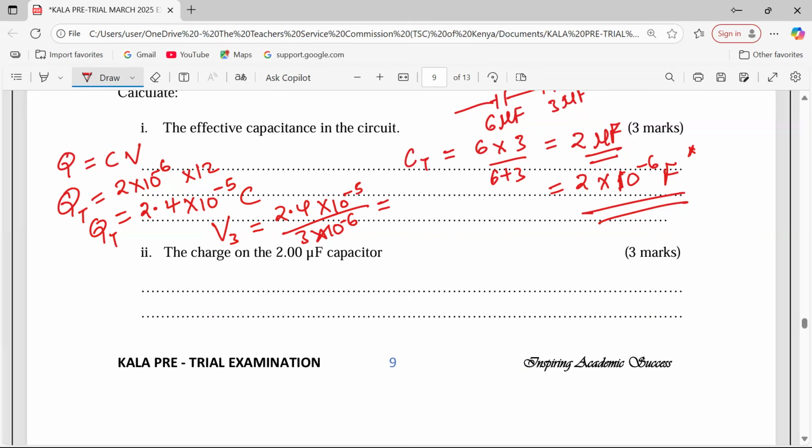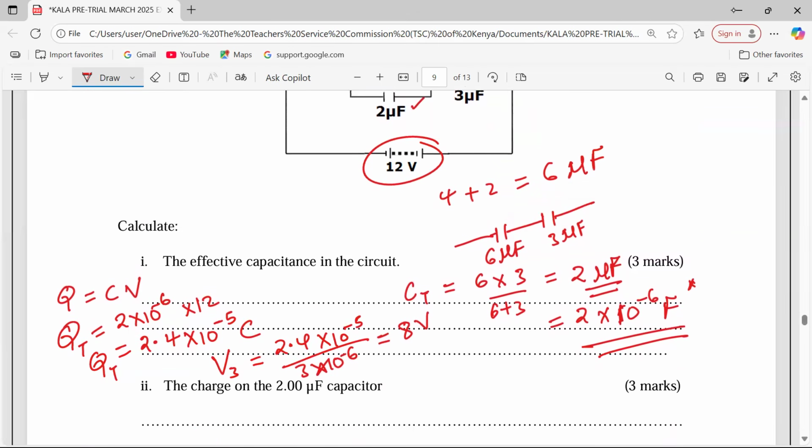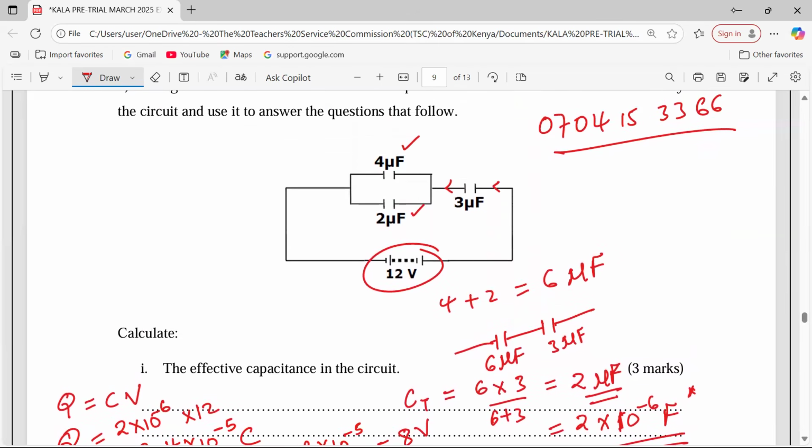This is going to be 8, so we have 8 volts here.